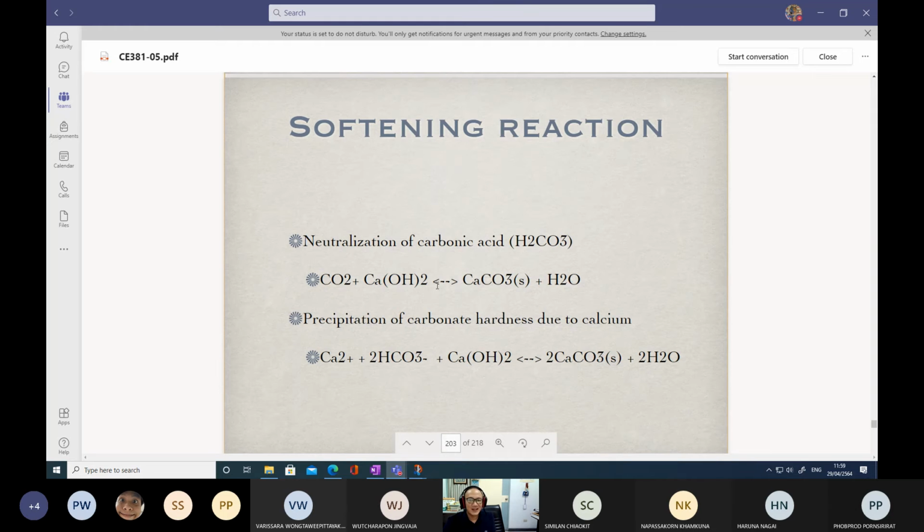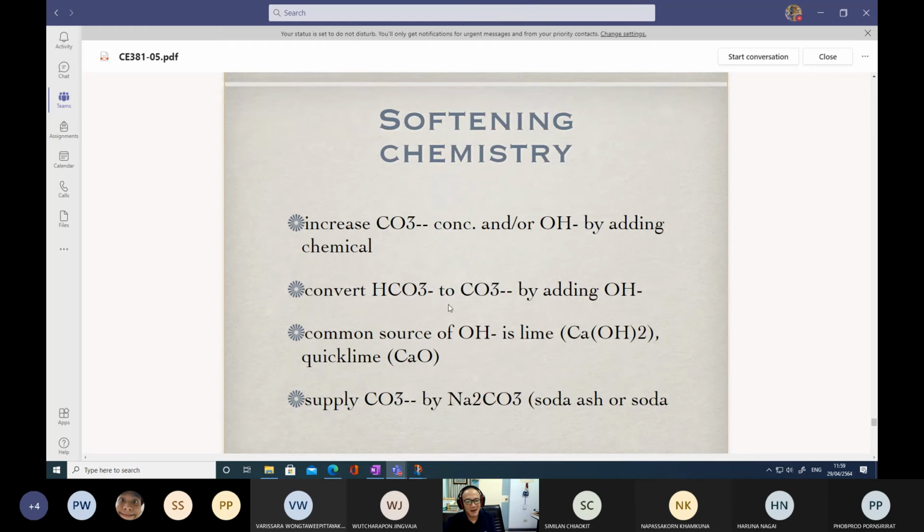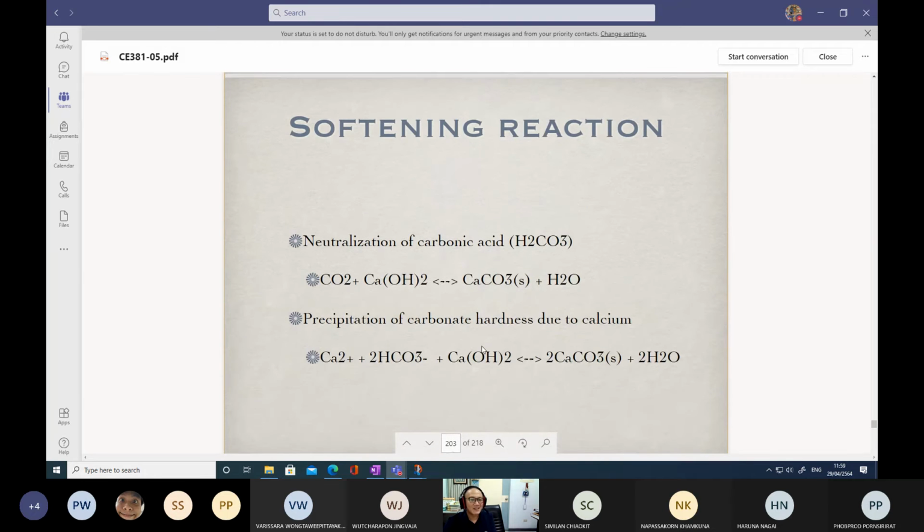Okay, for the reactions, this is about why we have to add these chemicals. If you look at the reactions, you will find at first we need to neutralize the water in case there is acidity due to the dissolved carbon dioxide gas. So we have to add this one.